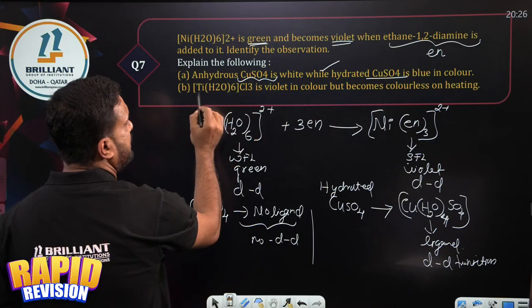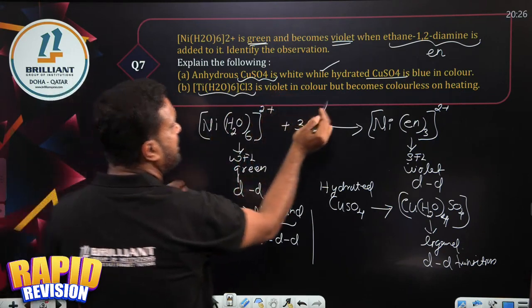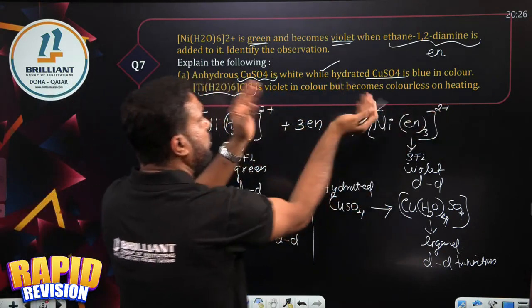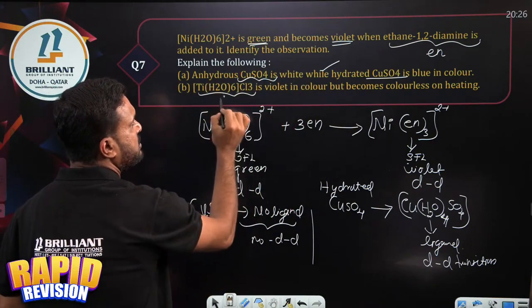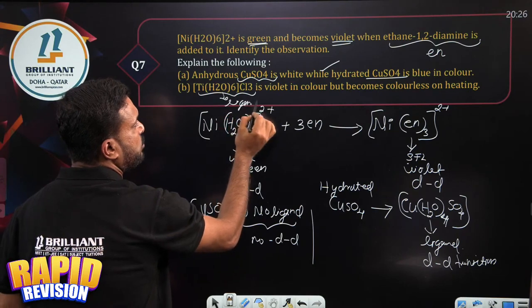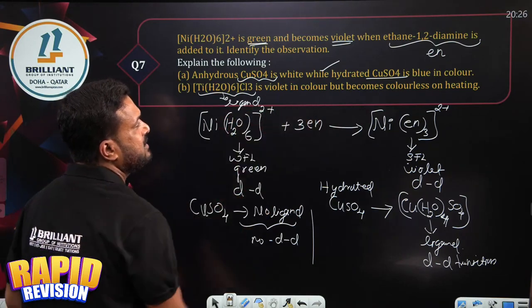Next one is C. [Ti(H2O)6]Cl3 is violet in color but becomes colorless on heating. Opposite of the first question. You have to say that [Ti(H2O)6]Cl3 is violet because H2O is a ligand. The H2O ligand helps for d-d transition, so it's violet.